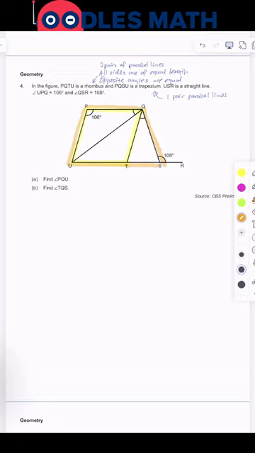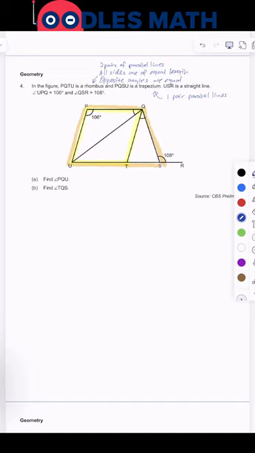Understanding that, now let's take a look at the second part of the question. USR is a straight line, so USR is the line below, and we know that angle UPQ is equal to 106 degrees, as indicated here, and angle QSR is equal to 108 degrees, on the right hand side at the corner.